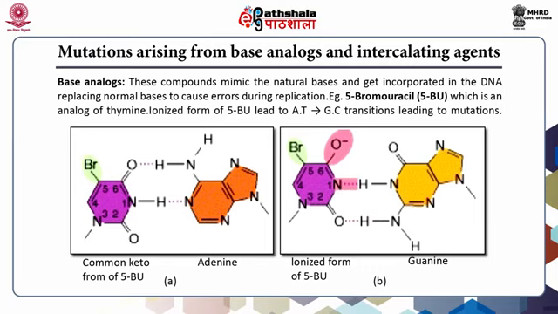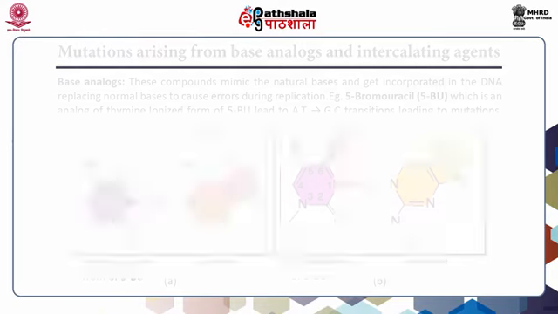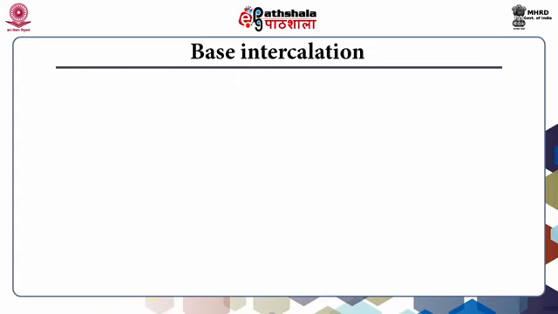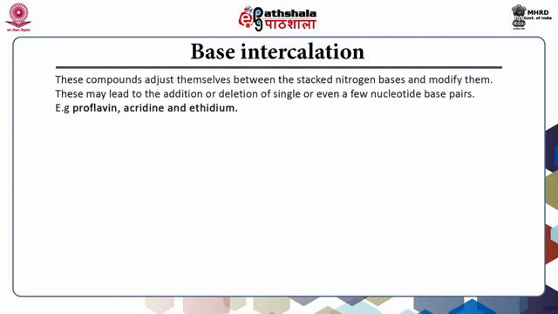So, bromouracil is an analog of thymine, and the ionized form of 5-bromouracil leads to AT to GC transition, and this is a kind of mutation. Second is base intercalation. These compounds adjust themselves between the stacked nitrogen bases and modify them, and these may lead to the addition or deletion of single or even a few nucleotide base pairs.